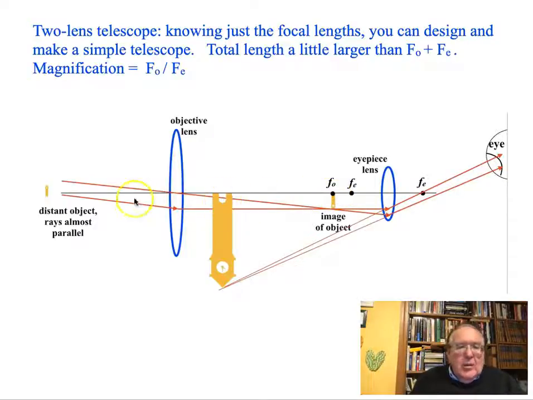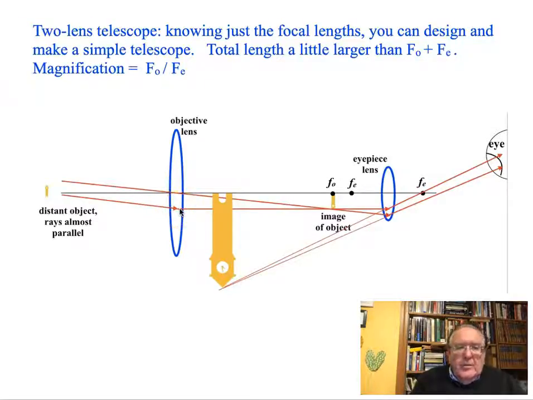Now, how does it work? Well, in the far, far distance, you have a campanile, a tower here, okay? And the rays that come in from very far away are almost parallel because they're coming from something very far away. And again, there are two rays here, one which goes directly through the middle of the lens, it just keeps going straight, and the other one that goes through a part of the lens.